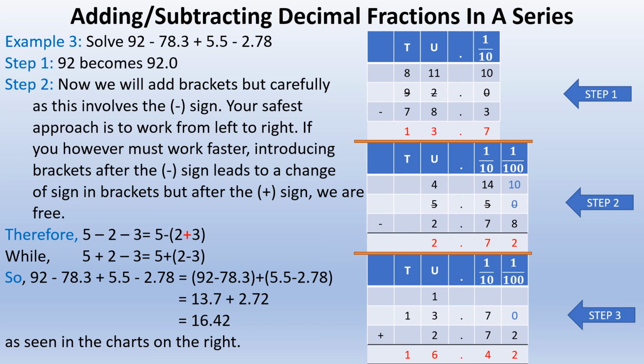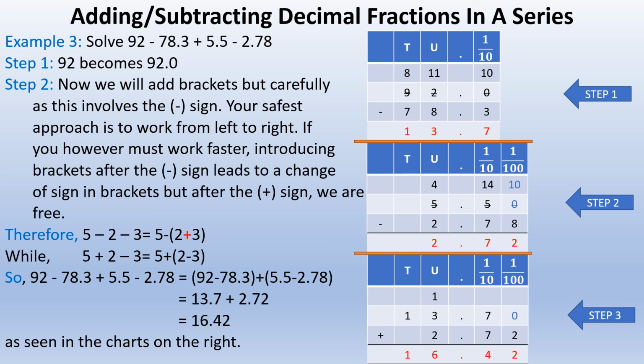So with that, we can jump right in and solve our math problem. So we have 92.0 minus 78.3 in the first bracket plus 5.5 minus 2.78 in the second bracket. So with this, we'll have to deal with these two brackets and add the results.